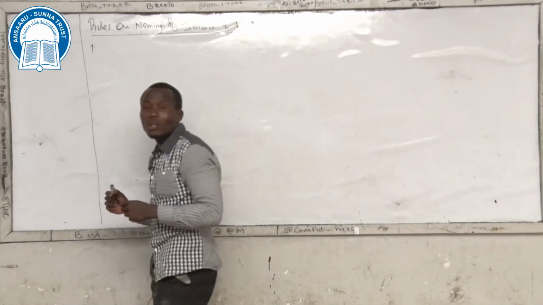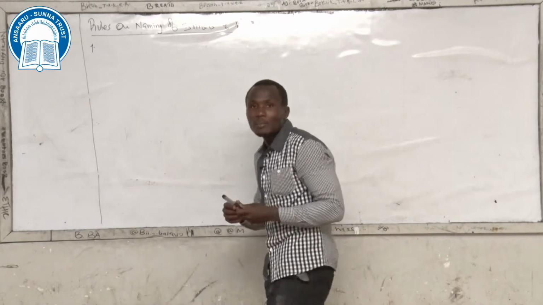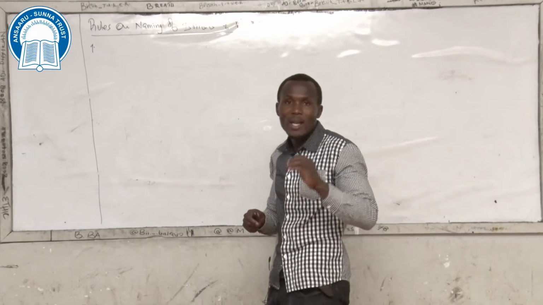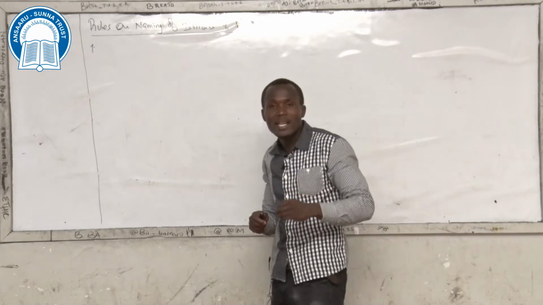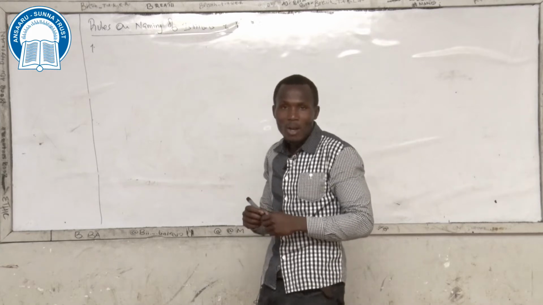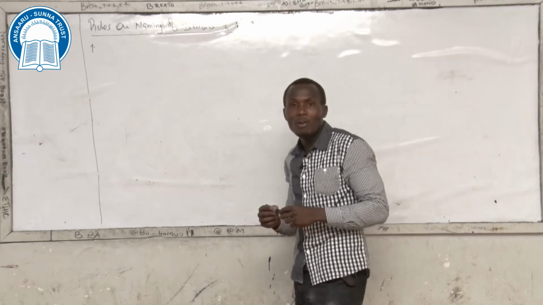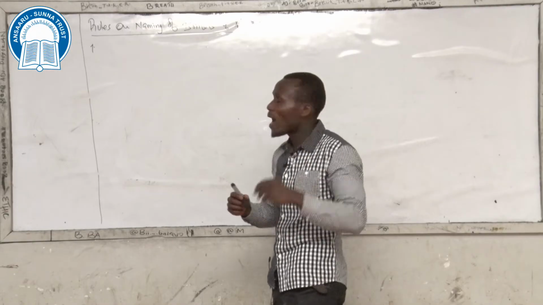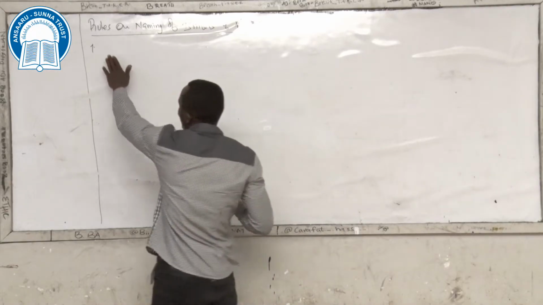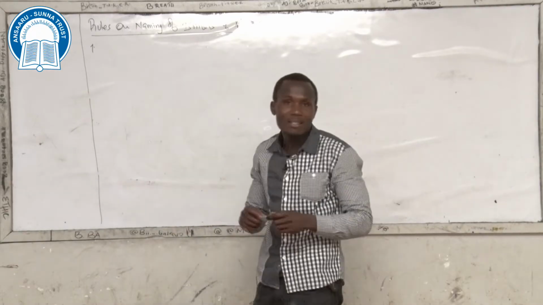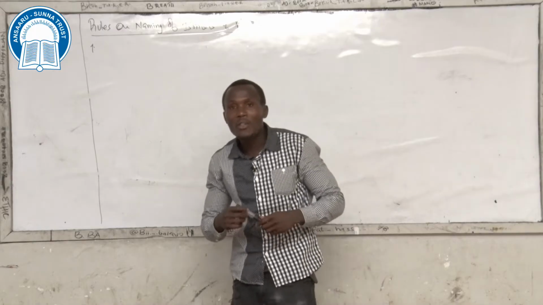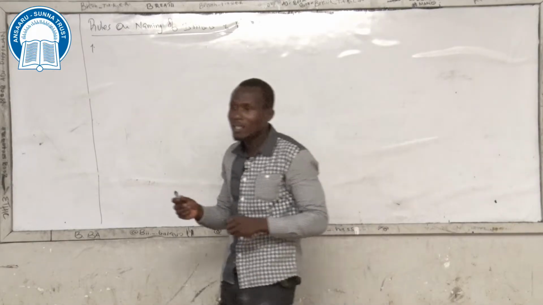So the first rule is identifying the parent name of the alkanes. When identifying the parent name, we identify the longest chain that contains the highest number of carbon atoms, which will give us the parent name.